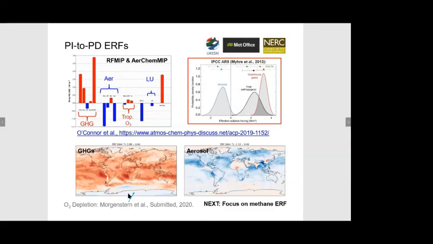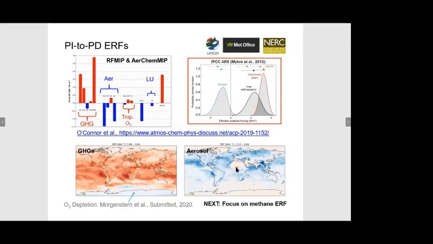The exception here is in the southern high latitudes, where ozone depletion and an aerosol response are offsetting the positive forcing from the greenhouse gases, and we have a paper submitted on that led by Olav Morgenstern.